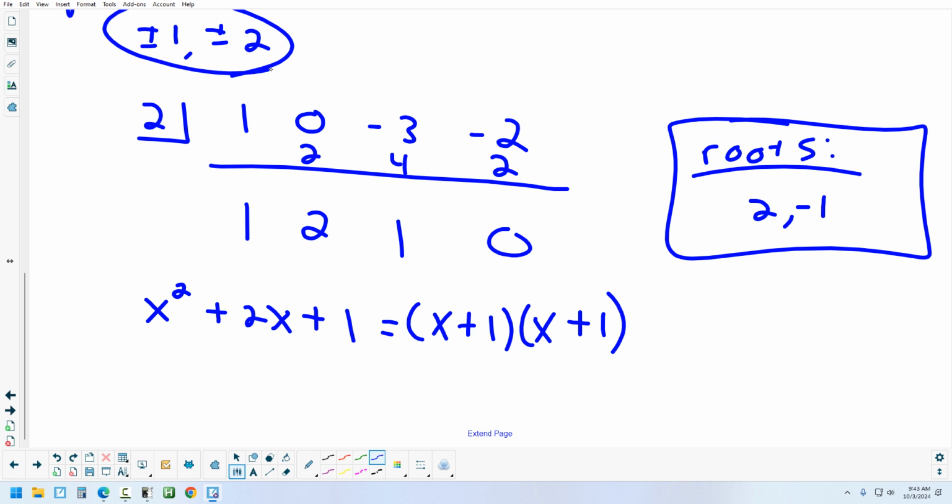So had you done the synthetic division with the minus 1 first, you would have had a little bit different quadratic. But when you factored it, you would have had something with an x minus 2 in it, because that's how you would have gotten the other answer. All right, so it doesn't matter if there's more than one root you know works that you can divide by synthetically. Pick one. Doesn't matter which one you use.